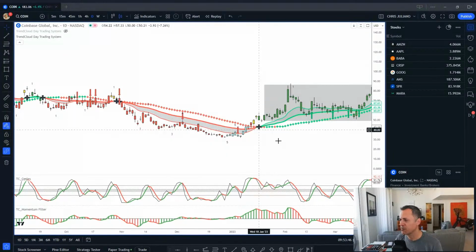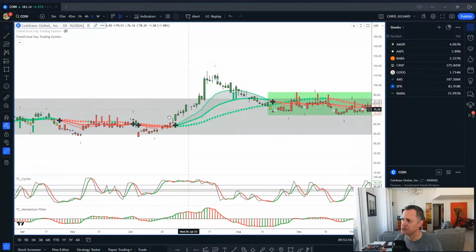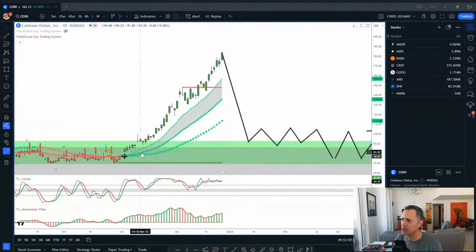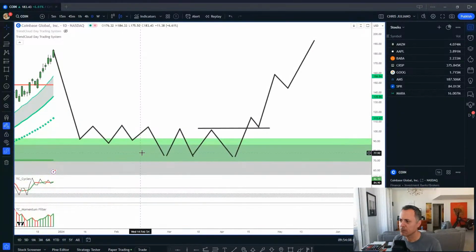Start accumulating right here. Sideways, green candles, breaks out, sideways, start accumulating, boom, big breakout. This is where you make your money, right? So that's how we accumulate stocks.